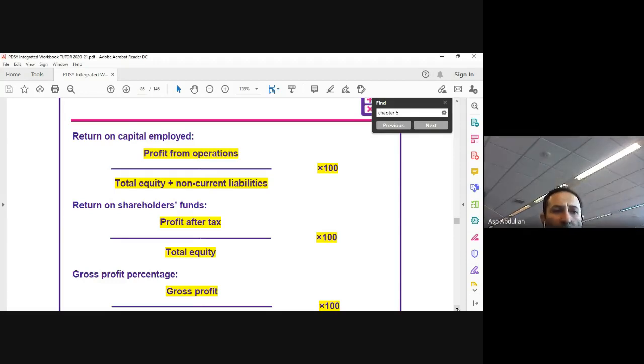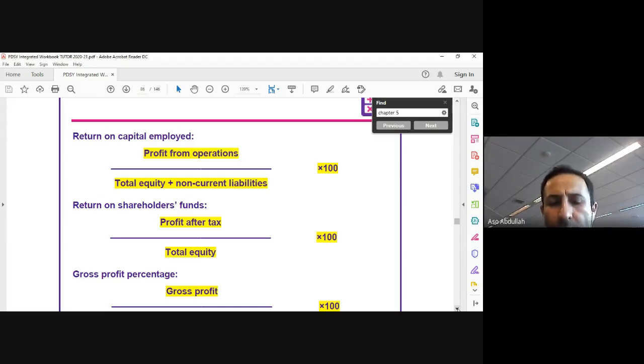For example, if you are investing in a company and you are expecting some sort of dividend, some share from the profit, we call it a dividend. So we have profit after tax, then we have total equity, number of shares, the total capital invested in the business.